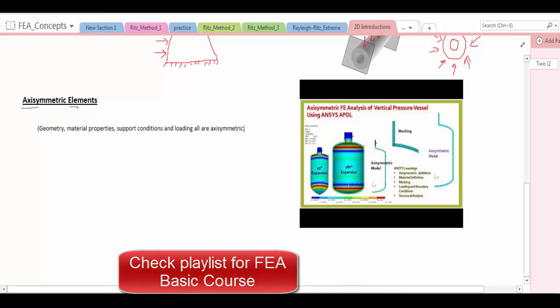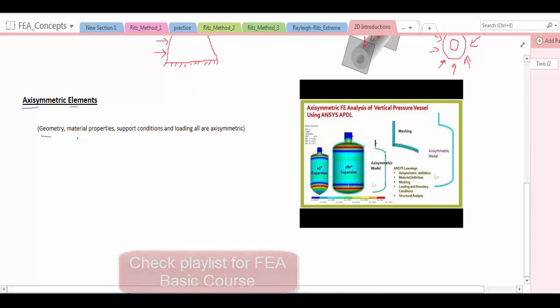Okay. When we go with axisymmetric analysis, it means the geometry, material property, support conditions and loading are all symmetric with respect to its center axis, for example. So this is considered as axisymmetric. This is a pressure vessel. Inside, the pressure is acting uniformly in all directions, right?